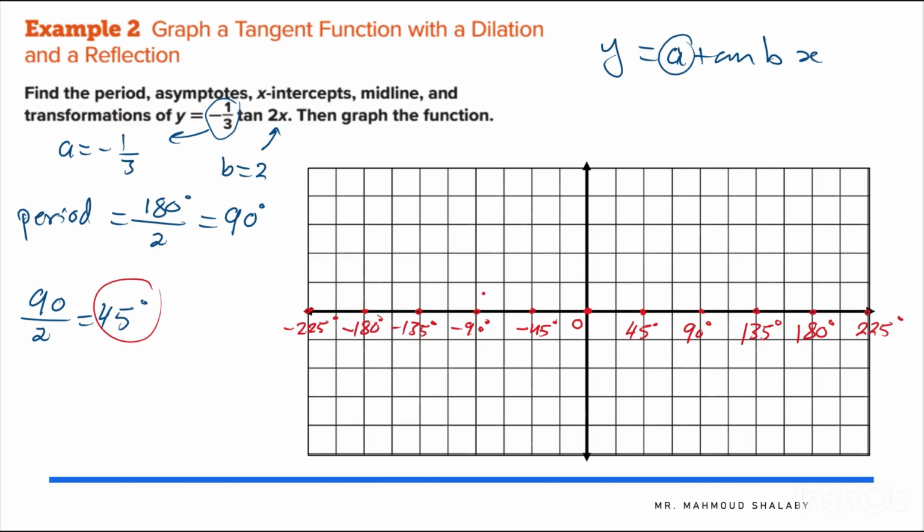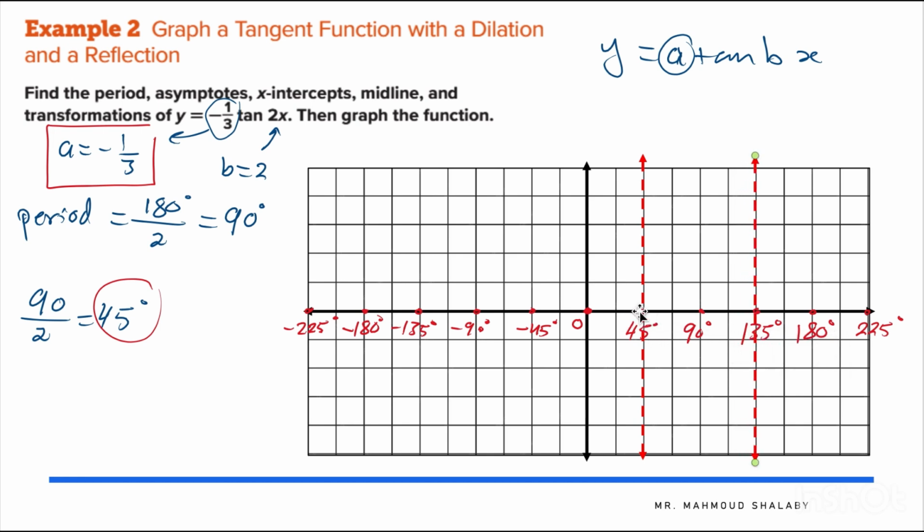Then, as we said, you have to draw the asymptotes first before you think of anything. Even the value of a, I will leave it until I draw the asymptotes. It will not affect the asymptotes. In this case, I have to bring the asymptotes. Now, the first asymptote, we said x-intercept, asymptote, x-intercept, asymptote. I will do the same thing. Actually all the graphs will look similar. So here is the first asymptote, here is the second asymptote.